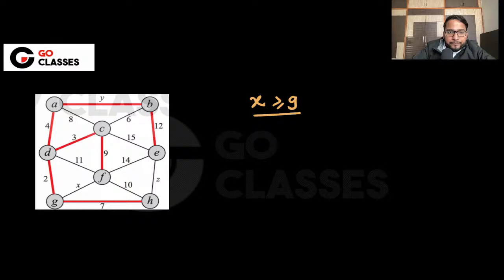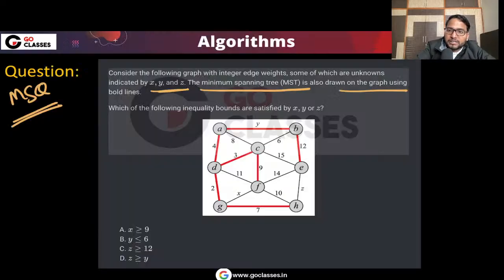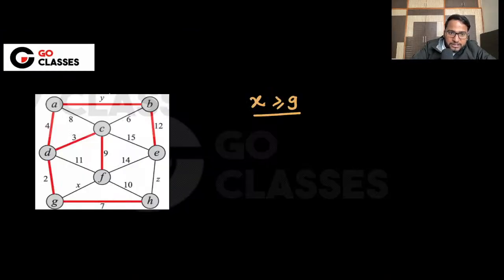What about Y? Y is a part of the MST, right? They are saying that the bold edges are part of the MST. So if Y is a part of the MST, let's just keep it on hold. If this is not a part of the MST, then we can do it quickly.